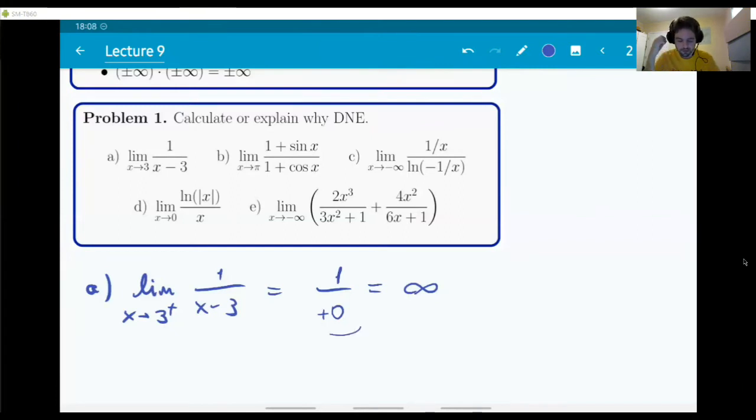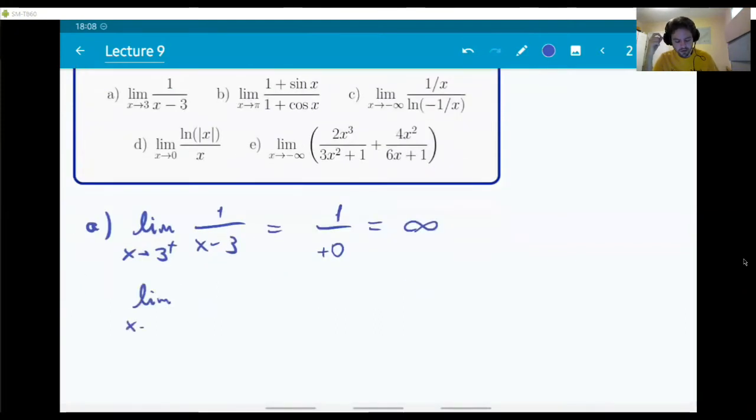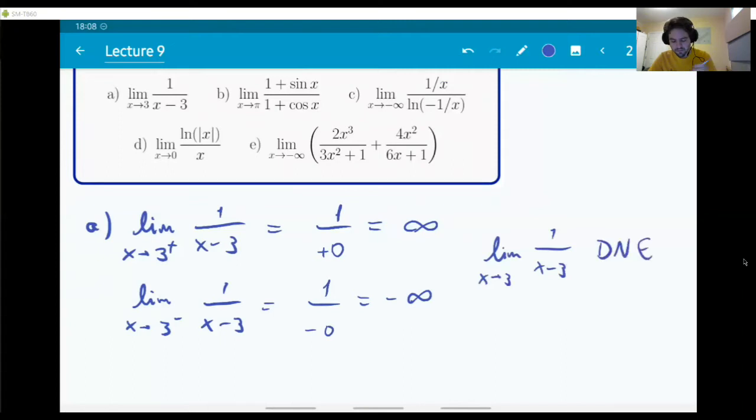Different people use different ways to denote this, the fact that you came to the number 0 by looking at positive numbers. Meanwhile, if you're coming from the left side, x minus 3 will now be negative. So it's still a 1 over 0, but the 0 is through negative numbers, which means this is a negative infinity limit. And because those two numbers are different, plus infinity, negative infinity, the actual limit does not exist. So a very easy example right here.